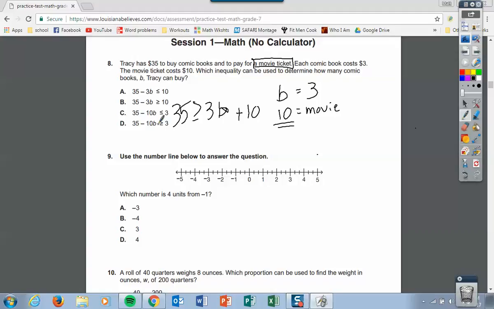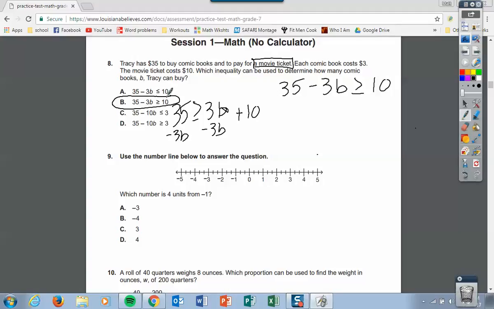Now the way that we're going to do that is we're just going to solve for either 10 or 3b. We might have to do both. So if I am solving for 10, I'm going to subtract 3b from both sides. So now I get 35 minus 3b is greater than or equal to 10. Well, hey, what do you know? That one's up there. That's nifty.